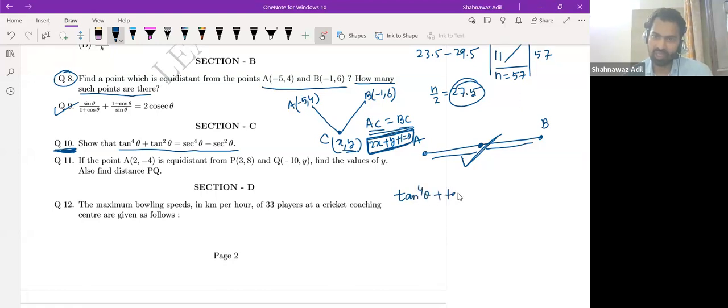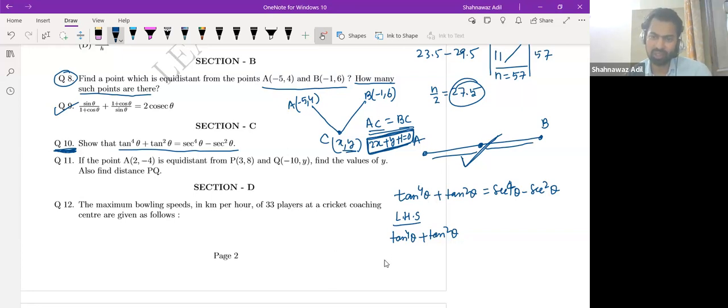So we can see that this is tan theta and this is sec theta, and we have an identity which relates sec theta and tan theta, right? So if we take LHS, first thing, whatever is common, we should take it out, right?